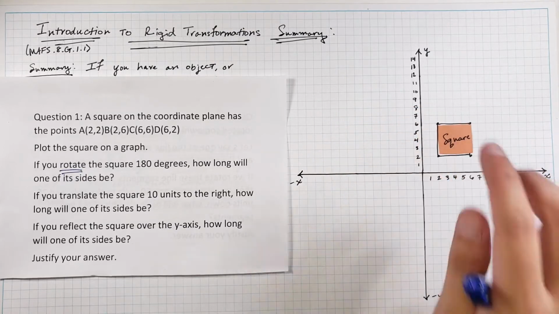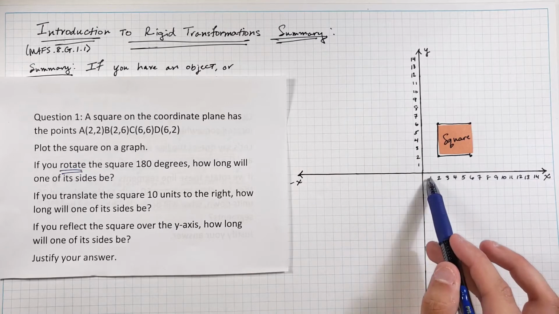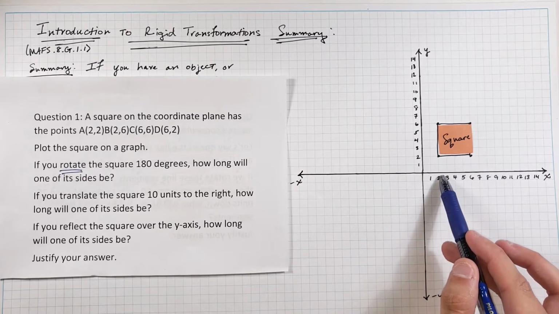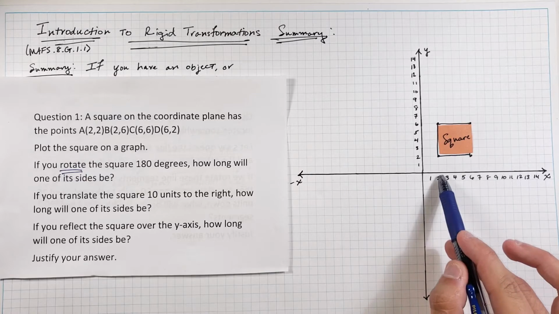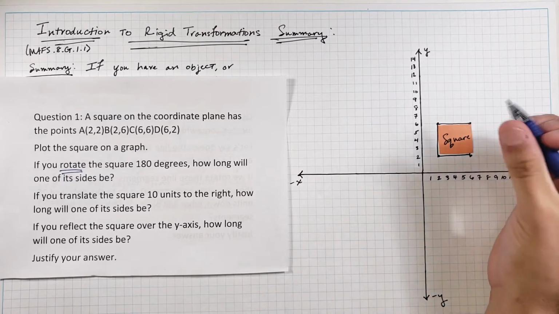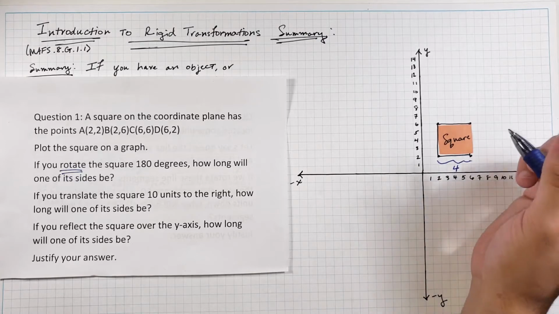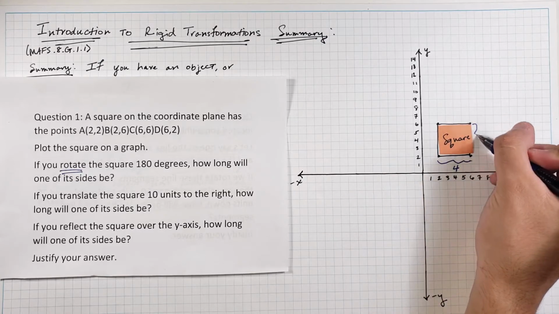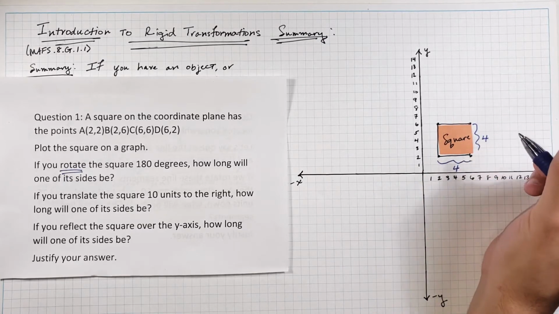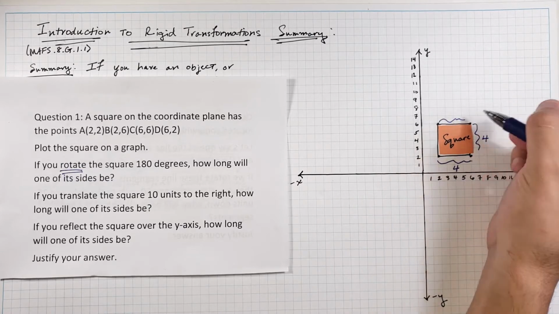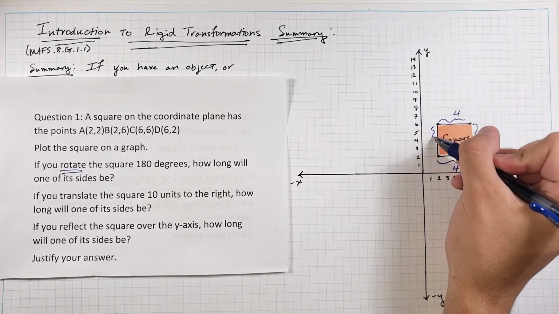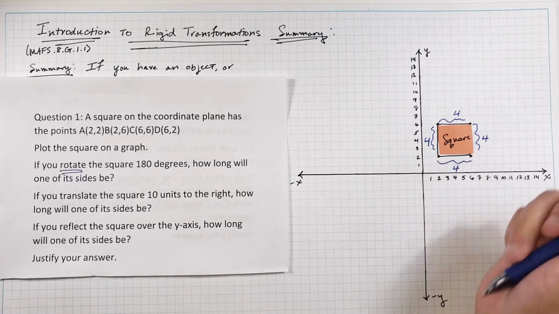What's the length of this square? Well, you go over to the 2, and you see it starts at 2, and it goes to 6. So that means this length here is 4. And what do you know about a square? A square has all equal sides. That means this length is also 4. That means this top length is 4, and this length is also 4.